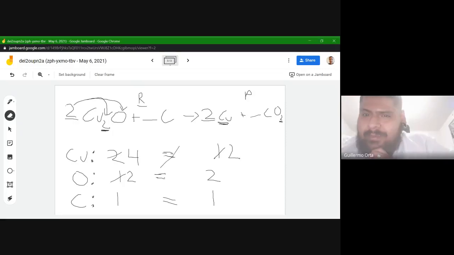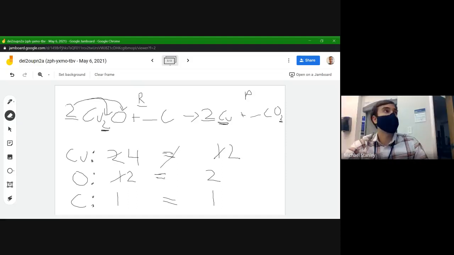Add 2. So yeah, we need to add 2 coppers. And remember, we can always change the coefficients until we get things balanced. So what coefficient could we change over here on the product side that would give us 4 Cu's instead of 2 Cu's?